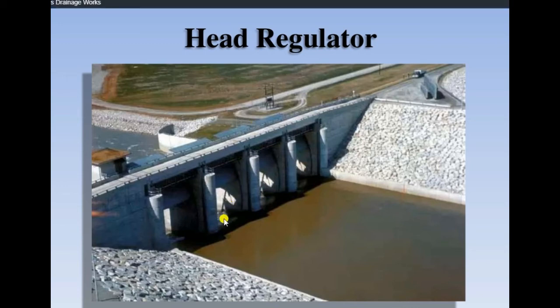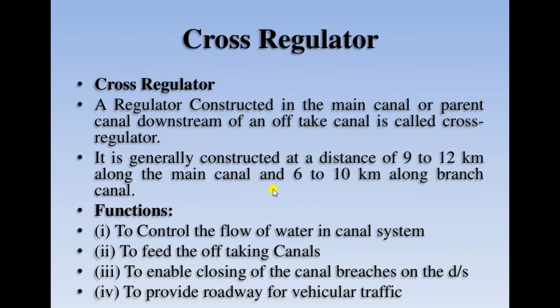When the canals are offtaken, and sub distributaries are diverted from the main distributary, then we have to provide that type of head regulator. Now cross regulator. A cross regulator constructed in a main canal or parent canal downstream of an offtaking canal is called a cross regulator.